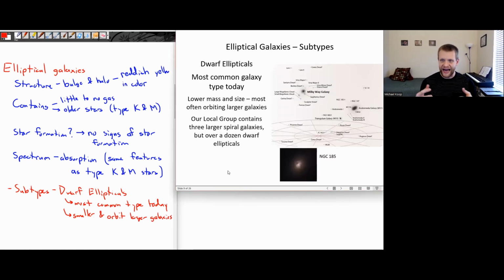For example, in our local group, which contains a few dozen galaxies, the three largest ones, the Andromeda Galaxy, the Milky Way Galaxy, and the Triangulum Galaxy, are all spiral galaxies. And around each of those, we've got a couple dozen dwarf elliptical galaxies orbiting around the Milky Way, around Andromeda, and in between these galaxies.